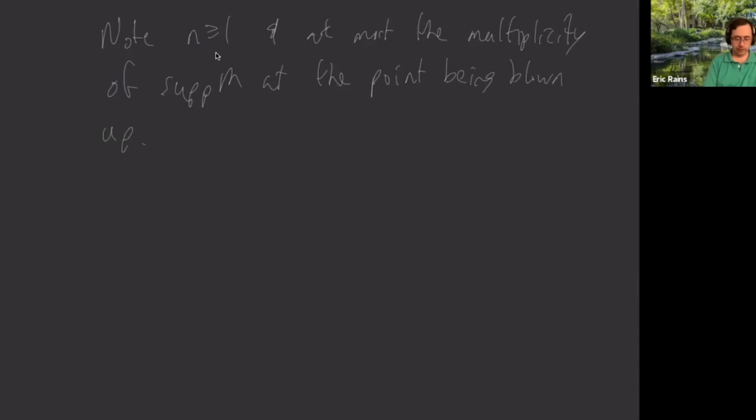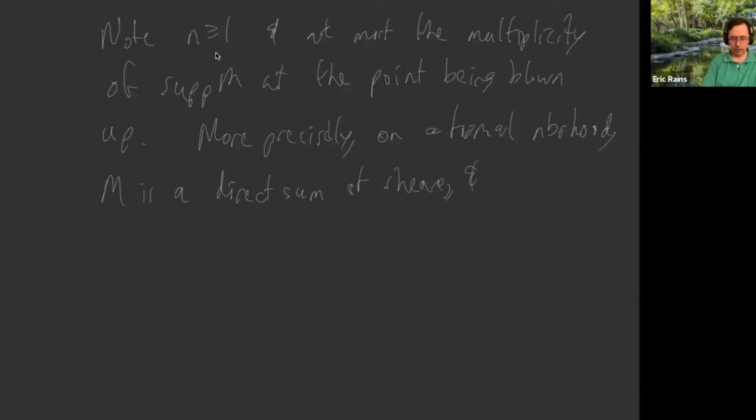More precisely, on a formal neighborhood of that point, M is a direct sum of sheaves, and N is the number of summands.